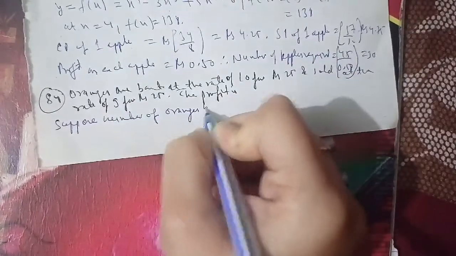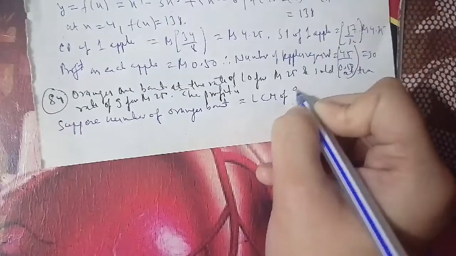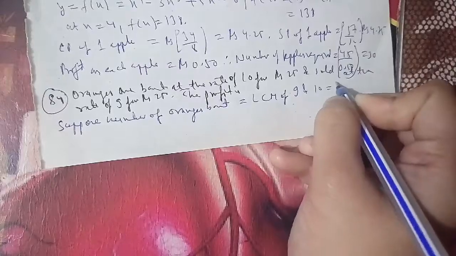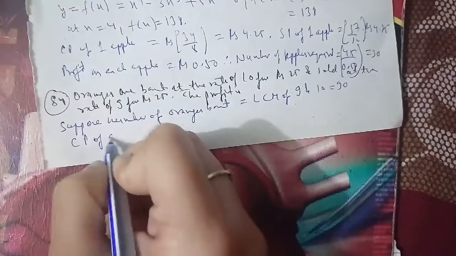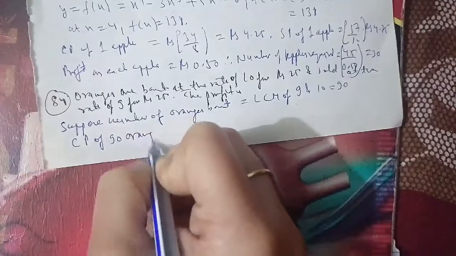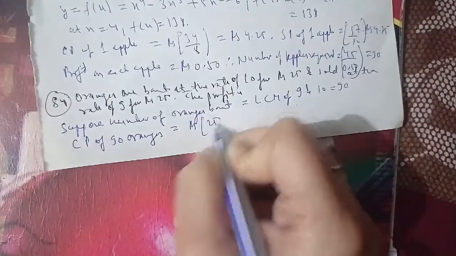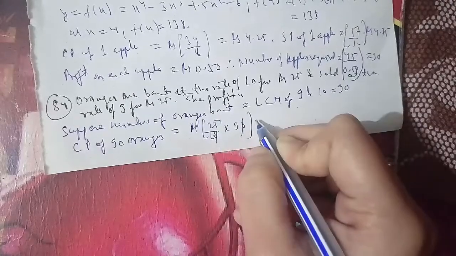So suppose number of oranges bought equals to LCM of 9 and 10 equals to 90. So cost price of 90 oranges equals to rupees 25 upon 10 into 90, 0 being cancelled by 0, equals to rupees 225.